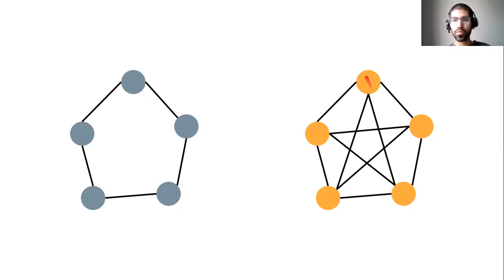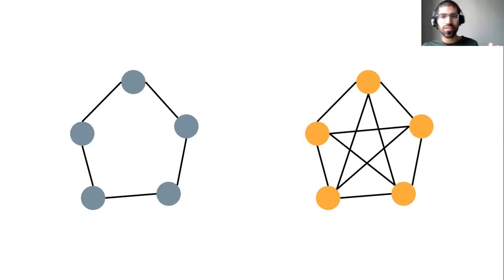Over here, though, you can see the top node is connected to the node on the left, the right, the bottom, and the bottom right. But you can also see the node on the left is connected to all of the other nodes that the node on top is connected to. Node on the right, same thing. This is an idea called clustering. How many of my connections are also connected to each other?